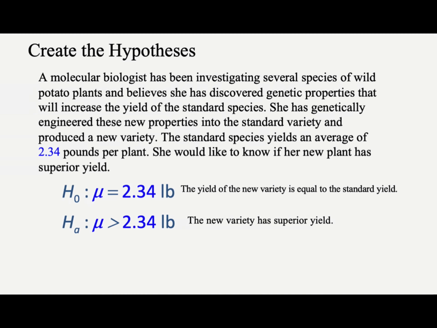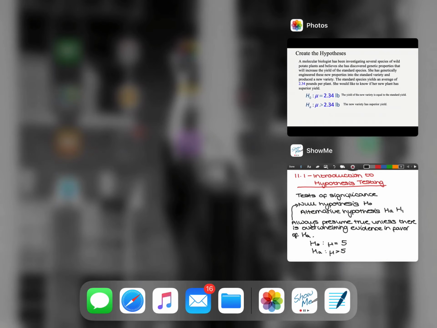As we've seen here, we have a greater than in our alternative hypothesis. That's not always the case. As I said, you can have a greater than, a less than, or you can have a not equals. These different types of hypotheses have a name. So let's come back here.